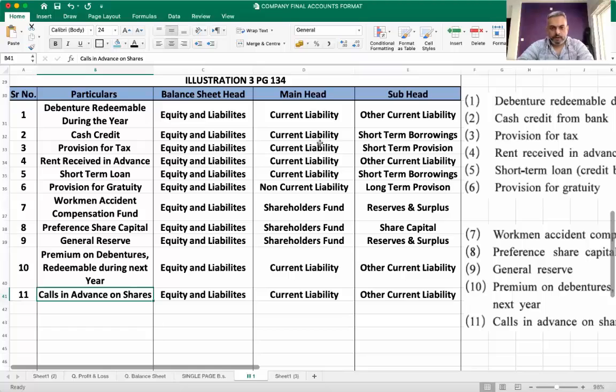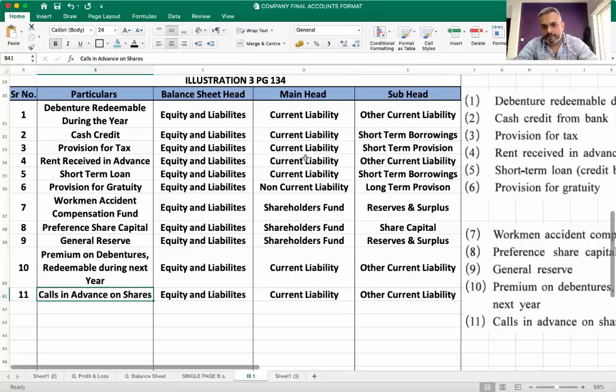Okay, now I've got one doubt over a message: sir, what is gratuity? Now, in India we have a gratuity act. So it means we have to keep aside some money which will be given to the employee when they leave the job or when they retire.